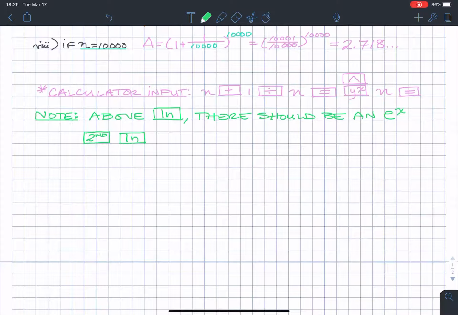Then I press number 1. Then I press equals. And what I get is 2.71828, etc. And this is actually e to the first power.